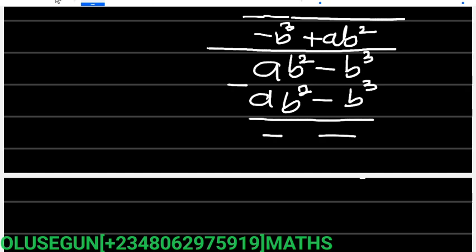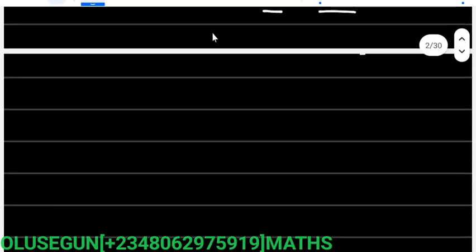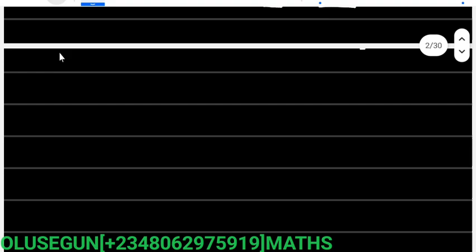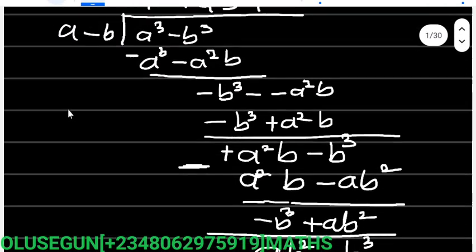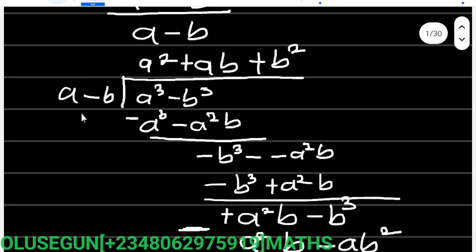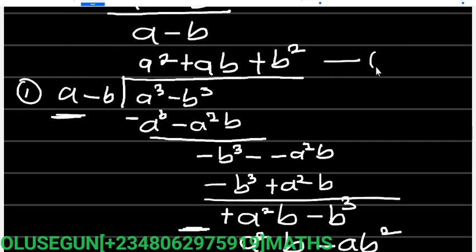So this thing is now telling us that the multiplication of this and this, let's call it 1 and 2, will give us 3. That is just the meaning. The multiplication of this and this will give us 3.